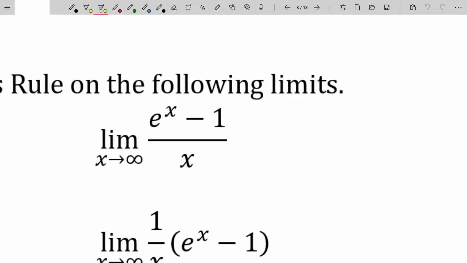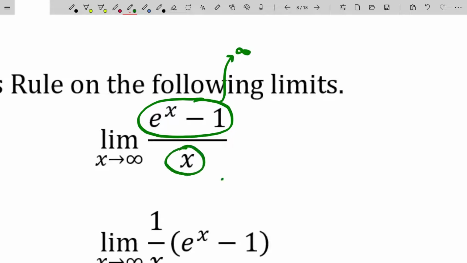Before I even evaluate it, I will note that it is actually of the form infinity over infinity. That's as x goes to infinity, this ratio approaches infinity over infinity. And right now I can't use algebra to simplify this.